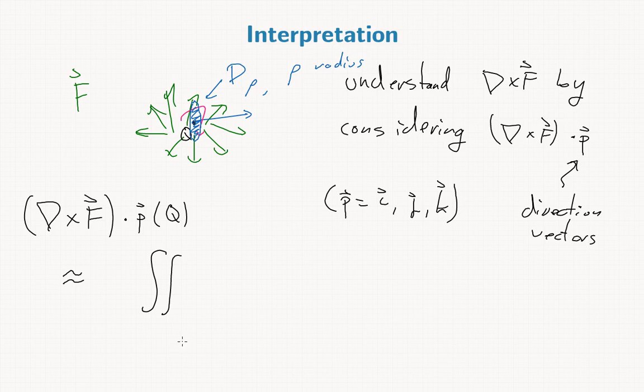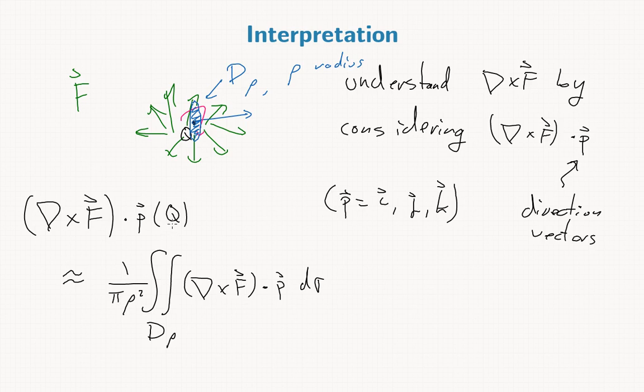So the average value of this over the disk is we integrate P d sigma, and then we divide by the area of the disk, which is pi rho squared.